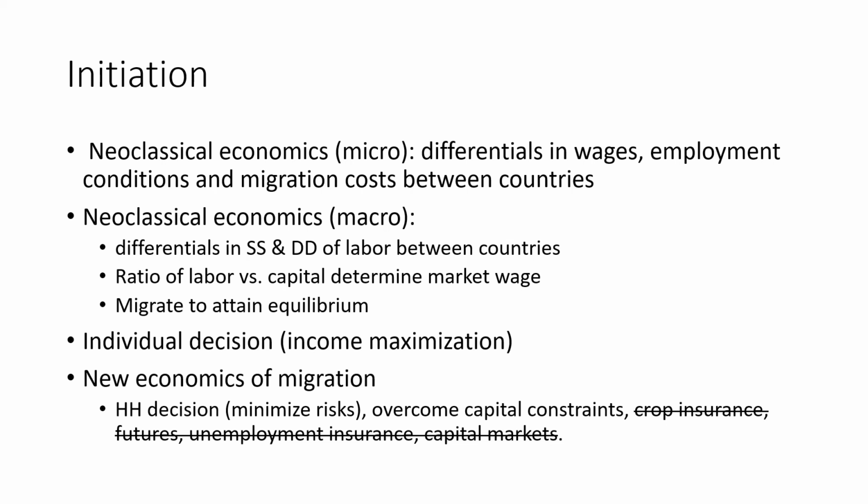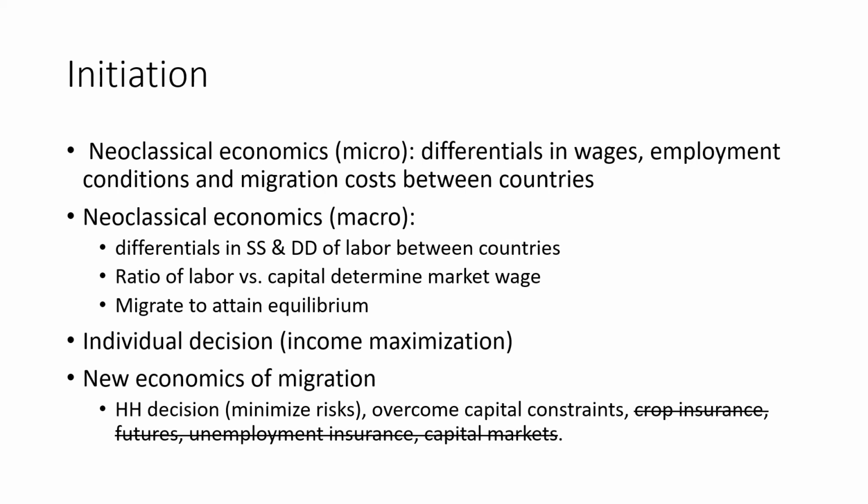So people in places where there is excessive labor supply are going to migrate to places where there is more capital but facing labor shortages. Eventually, things are going to balance themselves out in terms of labor and capital, as well as the supply and demand of labor. Because of that, migration can help to attain equilibrium in both the places of origin and the destination areas.